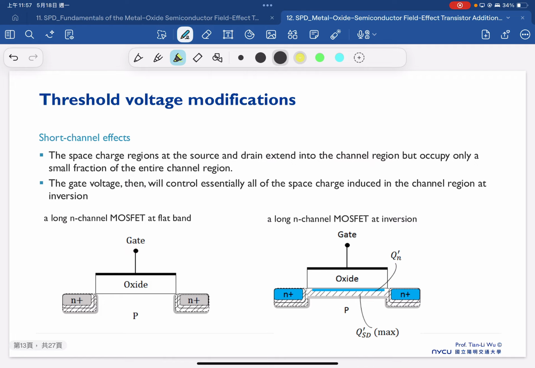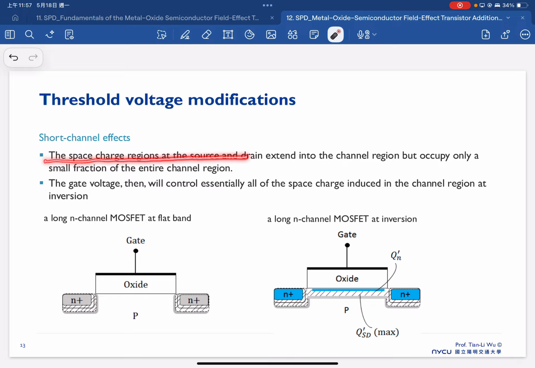If you look at one of the critical considerations for scaling devices, it will be the short channel effect. In the case of a short channel effect, we already knew that the space charge region in the source and drain will extend into the channel region, but occupy only a small fraction of the entire channel length.